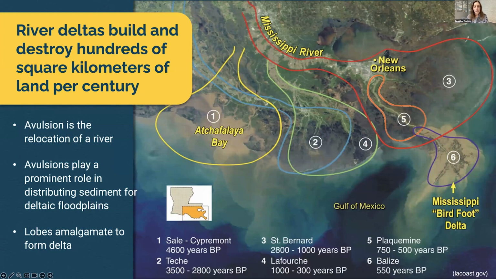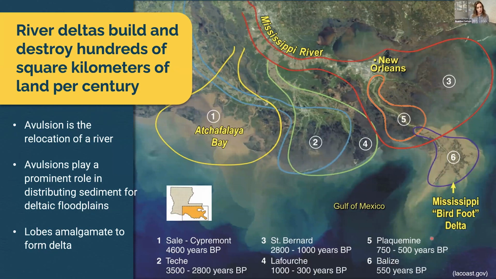After the channel mouth moves to a new location, a distributary channel and its surrounding delta lobe can experience erosion by tides and waves, whereas in its new location, it can actively build new deltaic land. Taken together, deltaic lobes built by distributary channels amalgamate to form the landform that we call a delta.